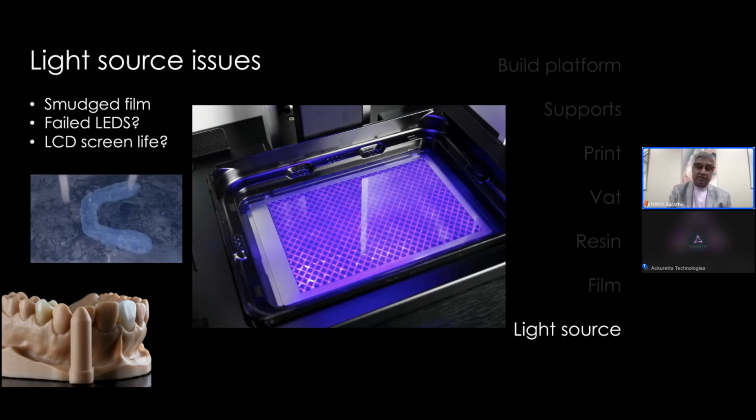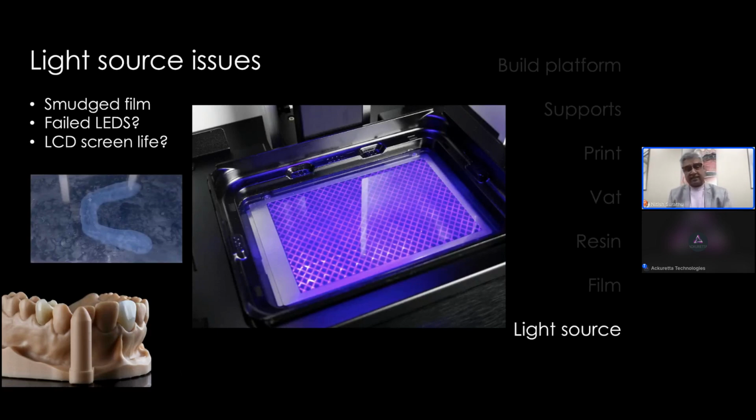The other more common thing that you could see, like the left picture there of a print, is smudged film. And sometimes this is because film hasn't been cleaned properly after a resin has been poured back in the bottle. I don't even recommend that. I don't pour resins back into bottles, but a lot of users do. I tend to be somebody who has different vats for different resins, and I only top up resin really.